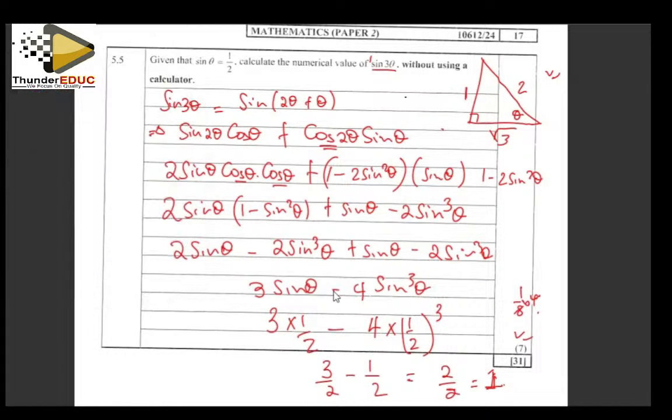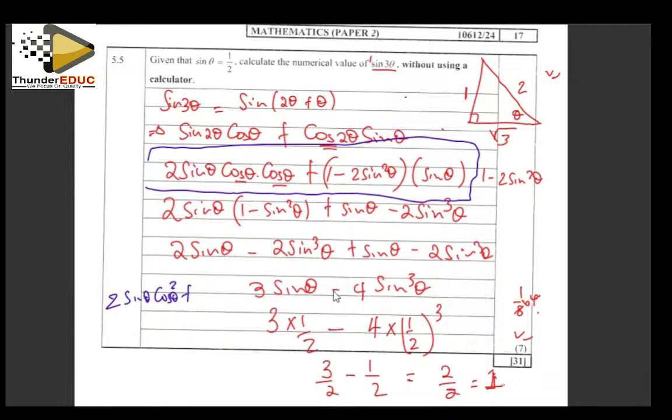Alternatively, instead of me breaking this down and down, from this step I would have simplified this to 2 sine theta cos theta squared, and then plus sine theta minus 2 sine cubed theta, and then just substituted.